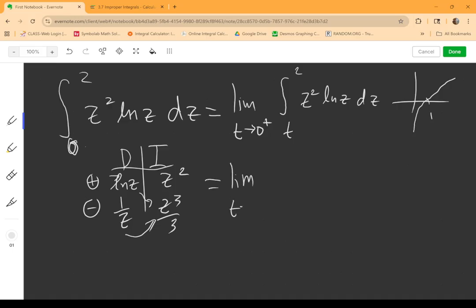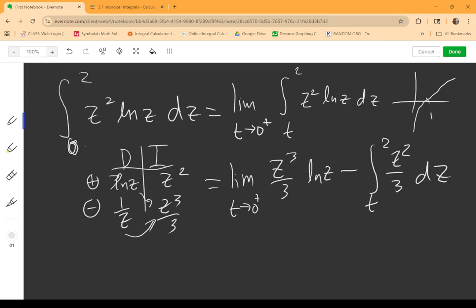So the limit as t goes to 0 on the right from t to 2, we get z cubed over 3 ln of z, minus the integral of what turns out to be z squared over 3 dz. Now I can do that last one using the power rule.